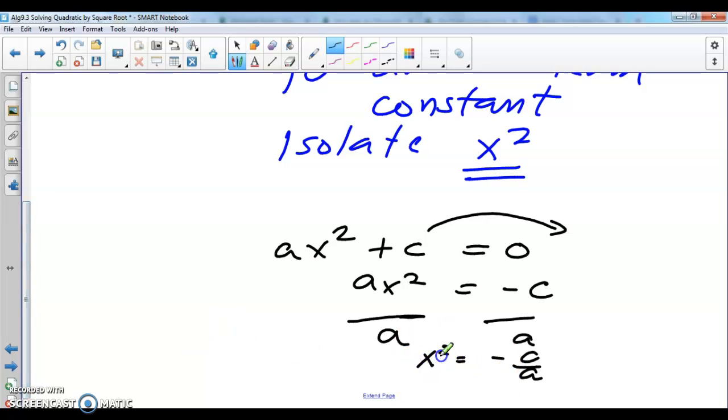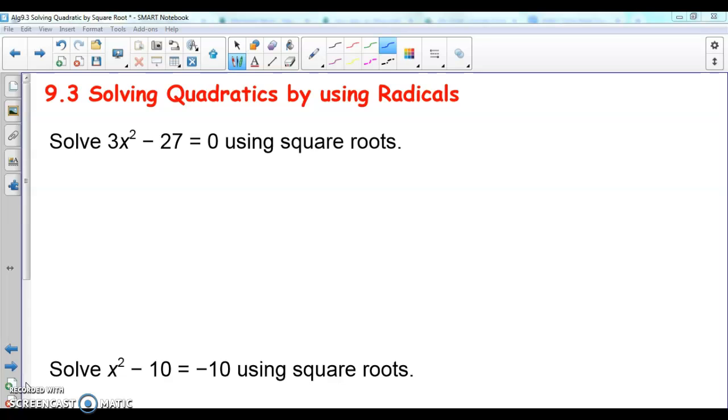So that is the first step in solving quadratic equations by square root. Isolate the x squared term, and let's see what the next steps would look like in the examples that I'm going to show you. So the first example is 3x squared minus 27 is equal to 0. Just like what I said earlier, we're going to isolate the x squared term.